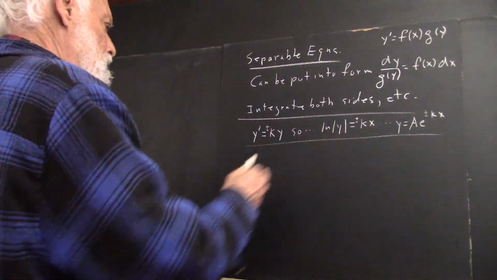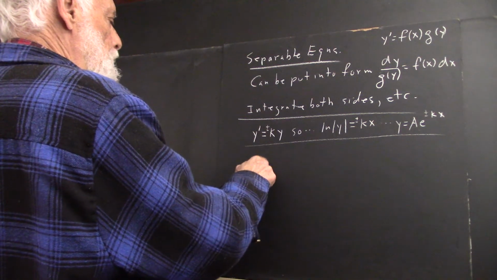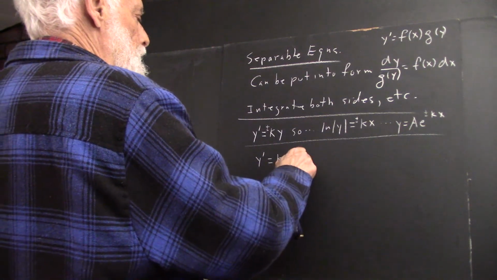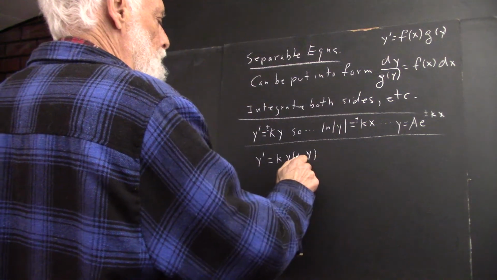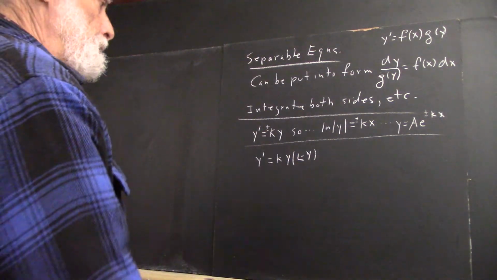So that's something that I think is pretty easy. Now, another separable equation is like y prime equals k y times 1 minus y, or L minus y if you wish. That's a logistic equation.